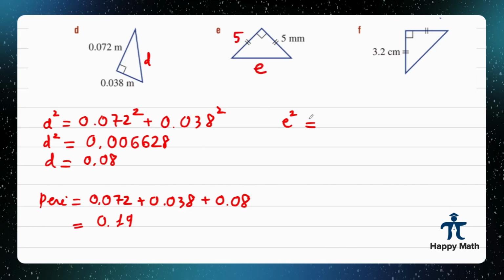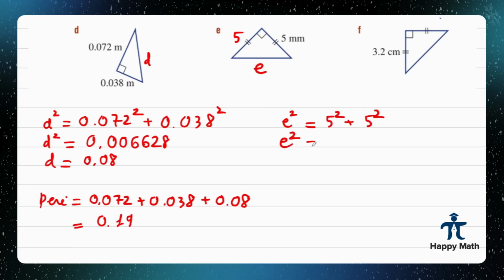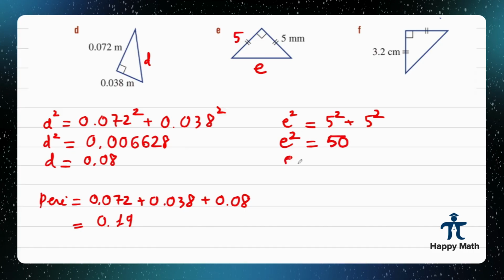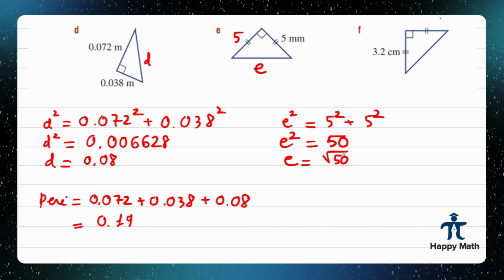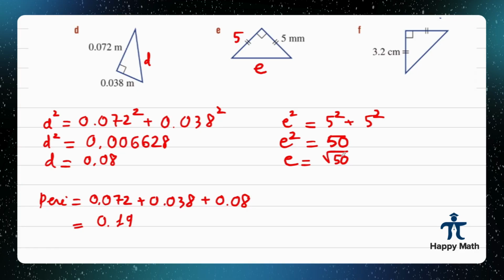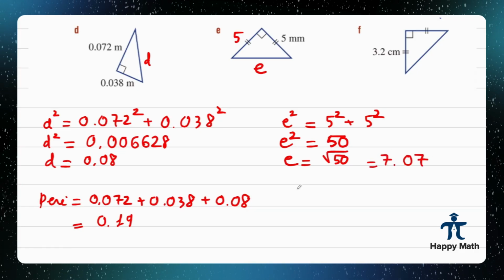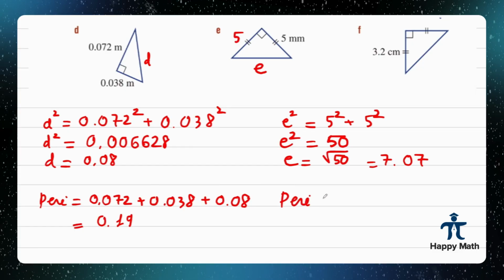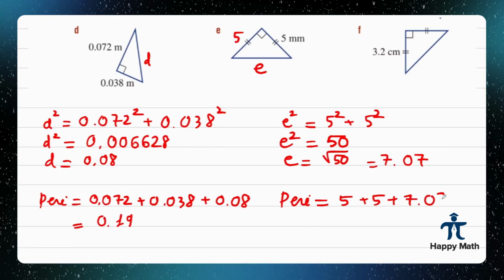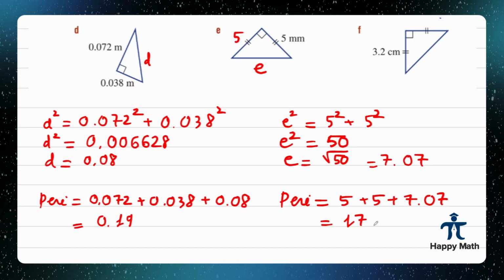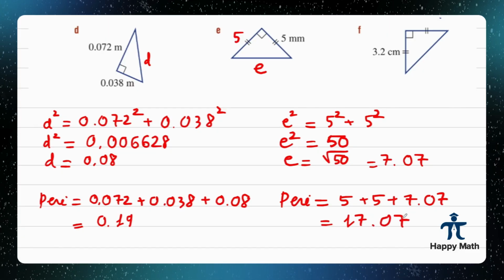And here is E squared, 5 squared plus 5 squared. E squared will be 50, and E will be the square root of 50. The square root of 50 is equal to 7.07 to 2 decimal places, and the perimeter will be 5 plus 5 plus 7.07, which means 17.07. That is question E.